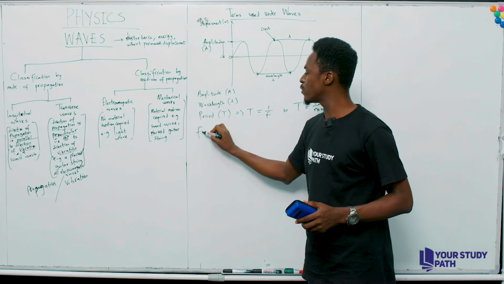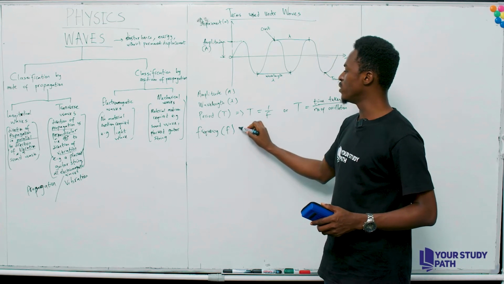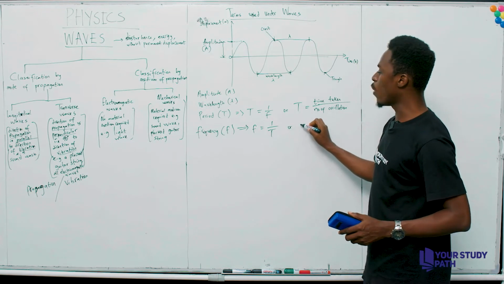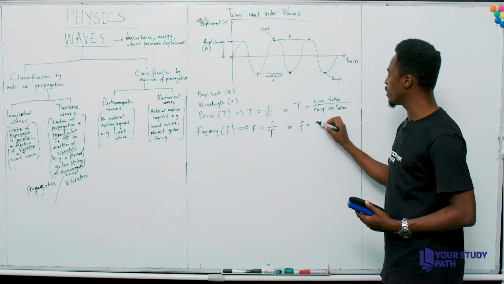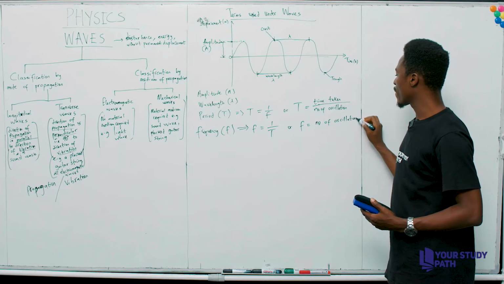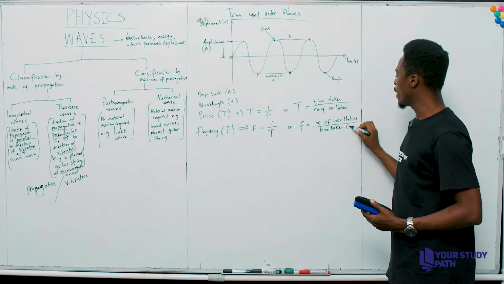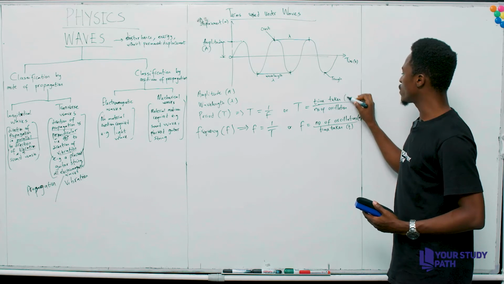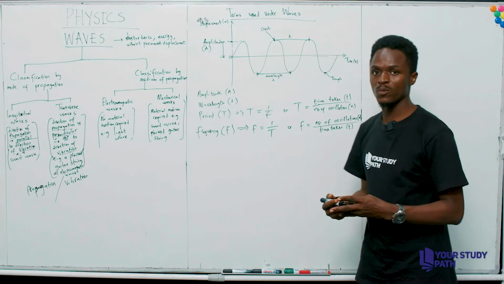Your frequency in itself, I can represent it in terms of your period, T. So I can say f is equal to 1 over T, or since it is the inverse of your period, it's going to be the number of oscillations over time taken. So n represents this part, small letter t represents this part. So there you have it with regards to this aspect.